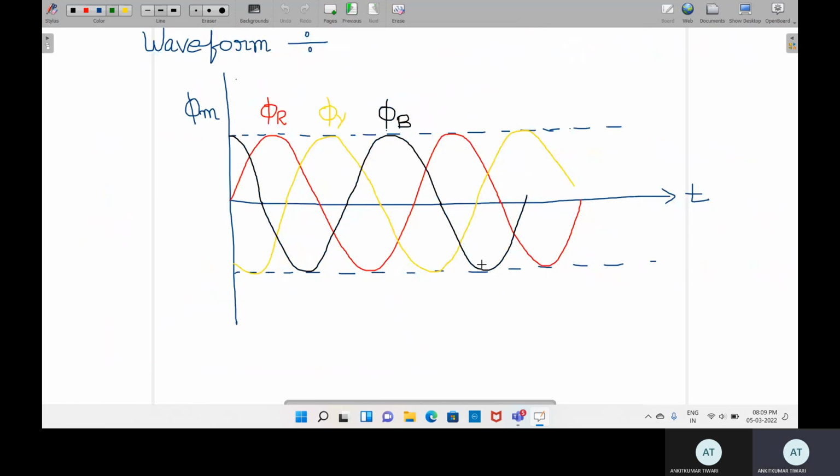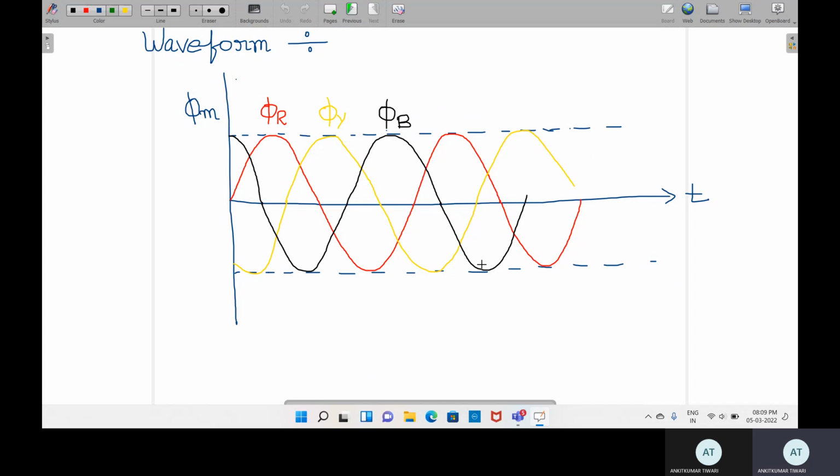These are the fluxes which are represented in terms of alternating quantities on the time and flux axis. So the value of these can be studied with the help of little mathematical conditions.